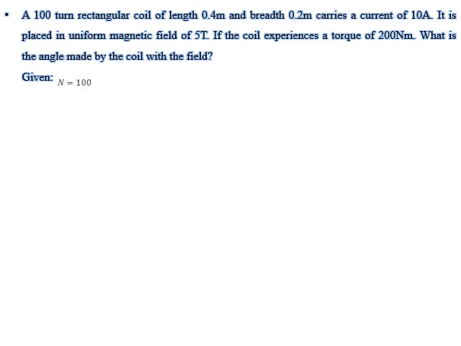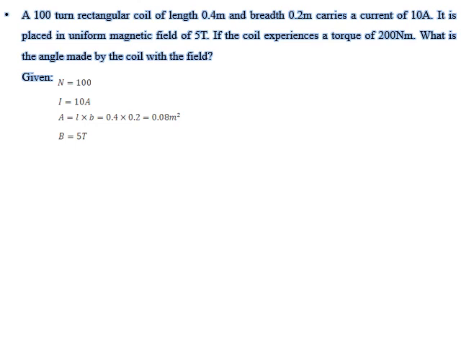Given, 100 is the number of turns in the rectangular coil. This is a rectangle, so area should be length into breadth. Current is 10 ampere. Length is 0.4 meter, breadth is 0.2 meter. If you calculate, area is going to be 0.08 meter square.